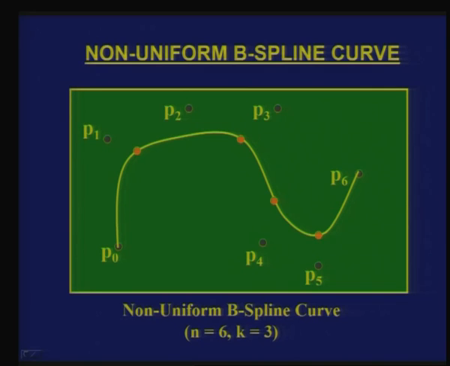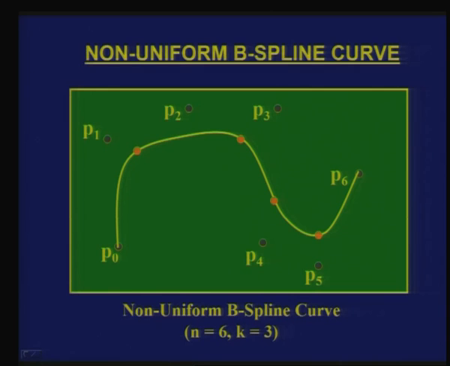For example, P0 is a control point which influences only the first portion. That means it has influence only between u is equal to 0 and u is equal to 1. Take the control point P1. P1 will influence 2 segments, which go from 0 to 1 and then u is equal to 1 to 2. Take P2.